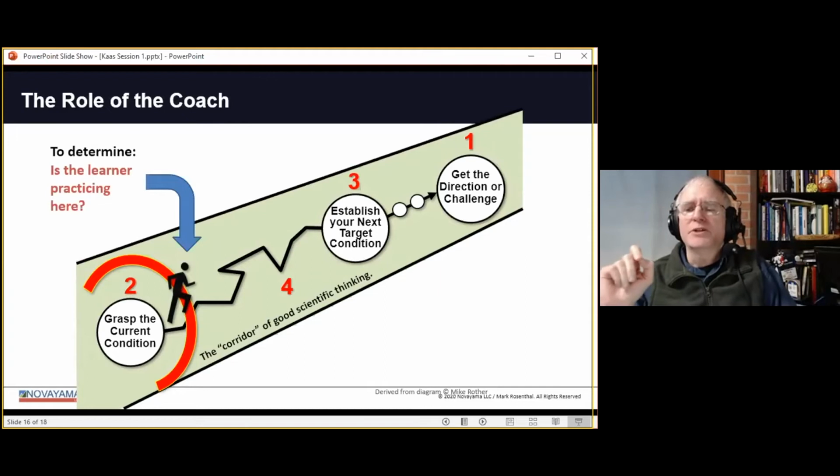One of the interesting things in the reading I've been doing lately is that I used to say the coach's job is to ensure that the learner is working on the right things the right way. And I've reversed that, because it's more important to be working the right way on the right things.